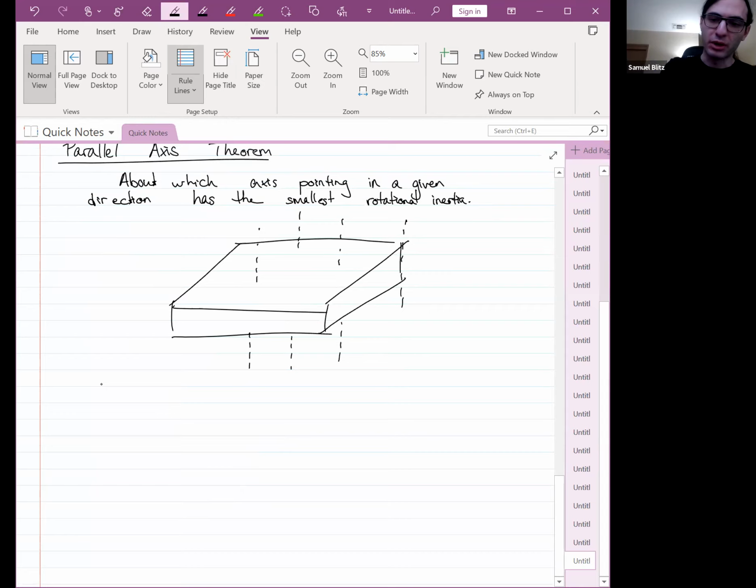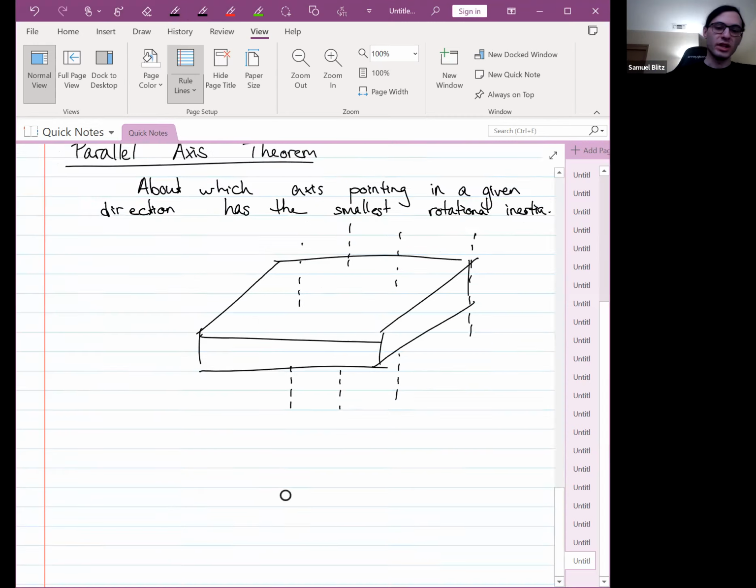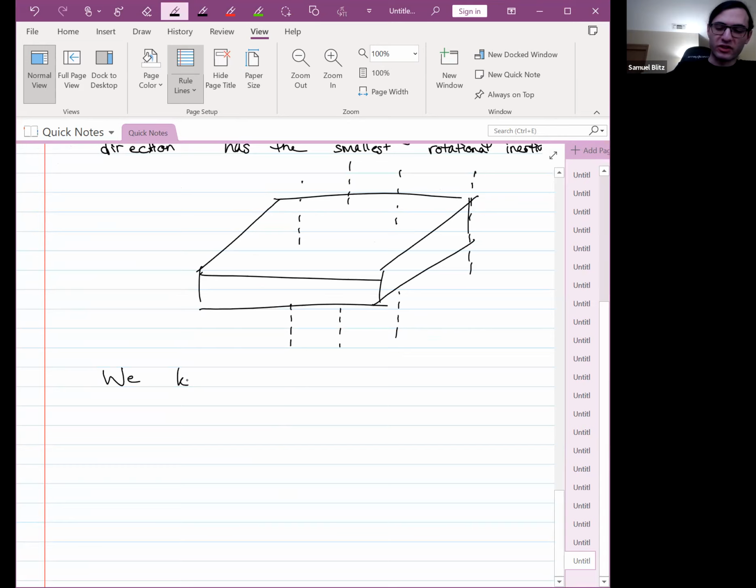Let me zoom back in because it's hard to write this small. So this is just to say, we know that the further mass is from the axis of rotation, the more it contributes to the rotational inertia.